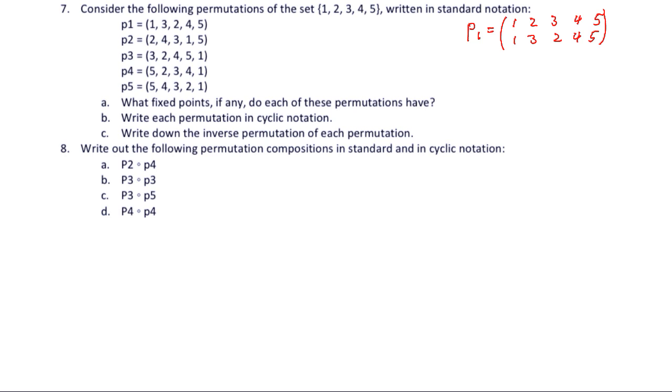And so what fixed points, if any, do each of these permutations have? Permutation number 1 has fixed points at 1, 4, and 5, because 1 is mapped to 1, 4 is mapped to 4, and 5 is mapped to 5. From the standard notation we can look to see whether we have any 1s in the 1 position, any 2s in the 2 position, 3s in the 3 position, 4 in the 4 position, or a 5 in the 5 position.